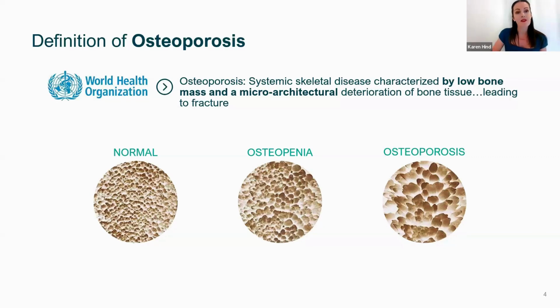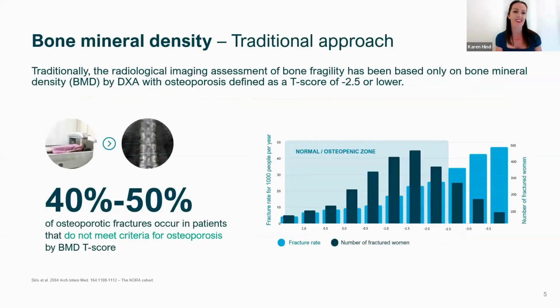And with that, we can also consider the bone mass and bone microarchitecture as you would consider blood pressure, for example. You wouldn't just measure the diastolic blood pressure, you would also measure the systolic blood pressure. So the two go hand in hand. But let's keep that in mind and move to the next slide.